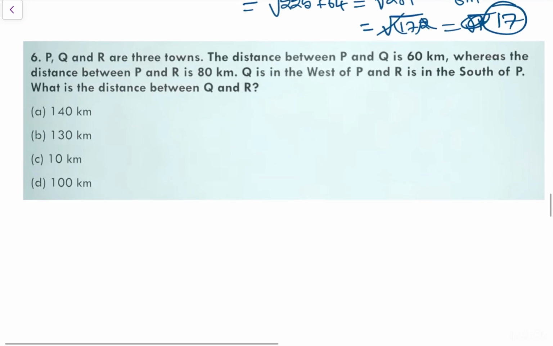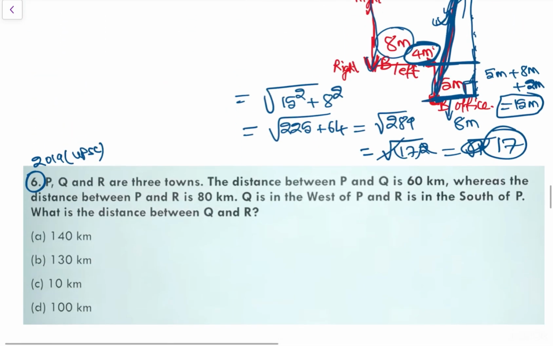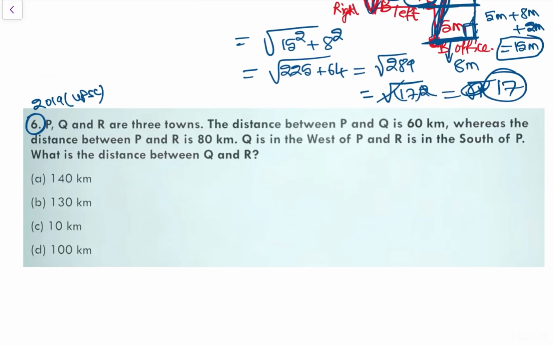Okay, then let's move to the next question. See, this next question is asked in UPSC in 2019. So in 2019 they asked 2 questions. Here P, Q and R are 3 towns.